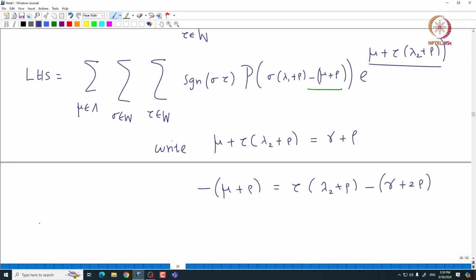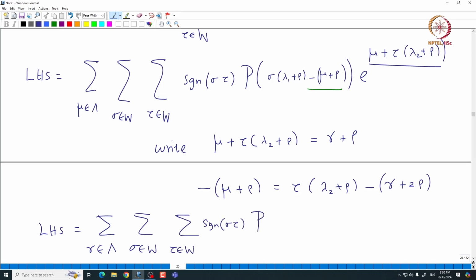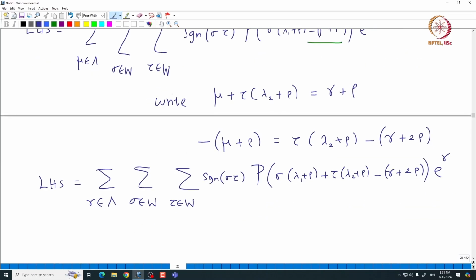So, if you substitute, then the left hand side becomes the summation where gamma runs over lambda, summation over sigma in W, summation over tau in W, sine of sigma tau, then the partition function of sigma lambda 1 plus rho plus tau lambda 2 plus rho minus gamma plus 2 rho, times e power gamma. This is the term that you are getting on the left hand side.